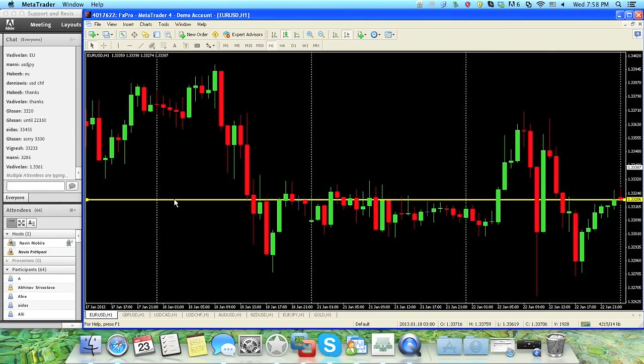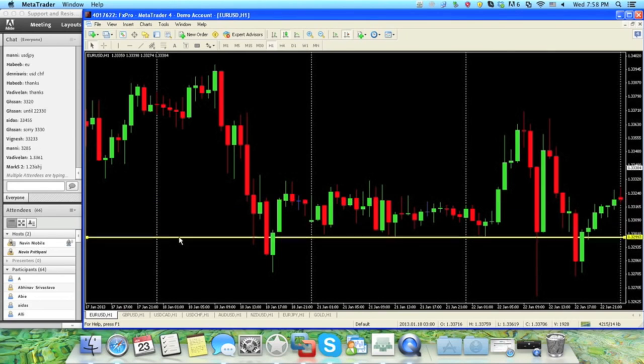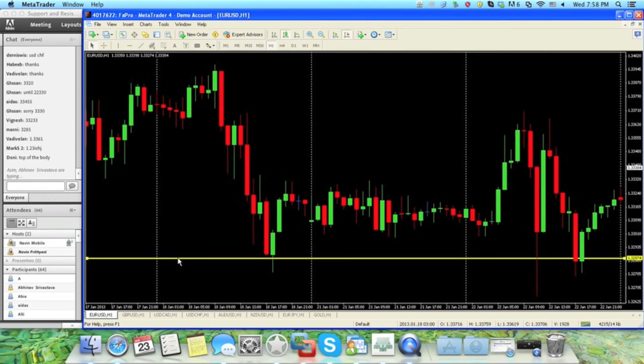Okay, 3323, 3285. No. Why 3285 is wrong is it's the low. Where is your resistance to this? It's only support, no resistance.